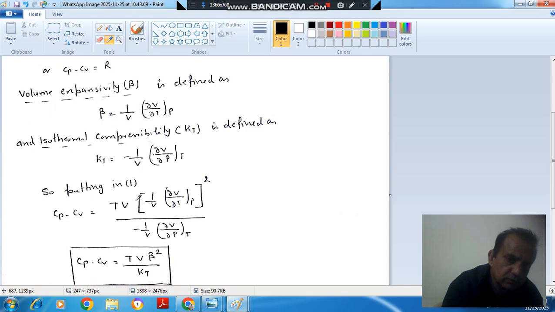Now this is your beta squared, and this is your Kt. So Cp minus Cv is equal to T V beta squared by Kt, in terms of volume expansivity and isothermal compressibility.